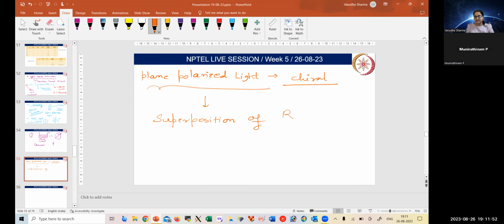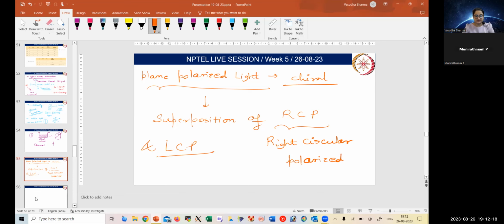One is RCP, which is right circularly polarized light, and the other is LCP, which is left circularly polarized light.